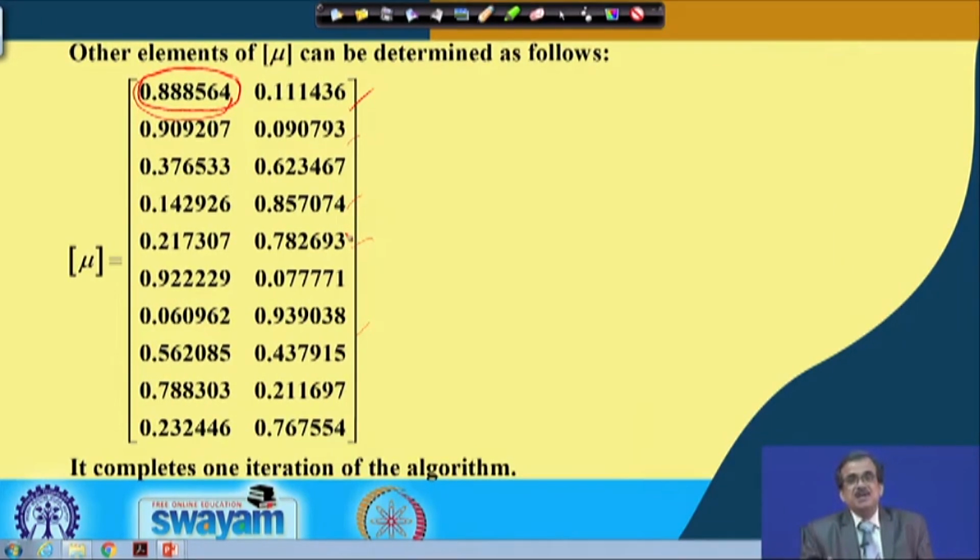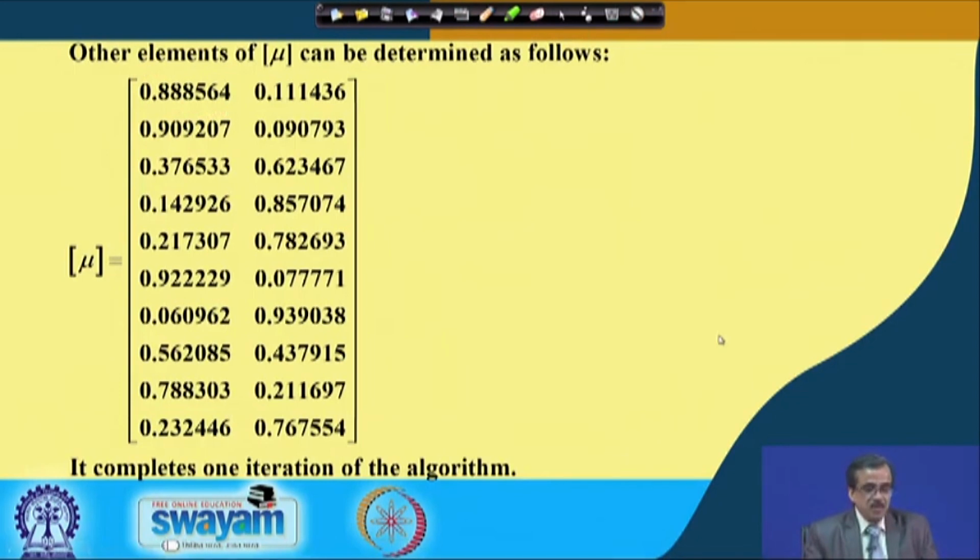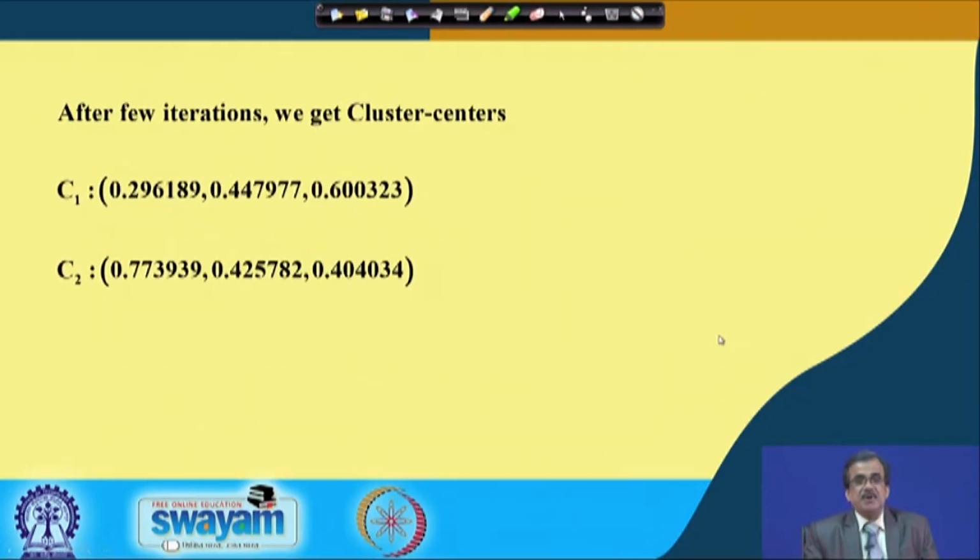These iterations will go on and on, and after a large number of iterations, there is a possibility that we will be getting modified cluster centers and modified values for the membership.